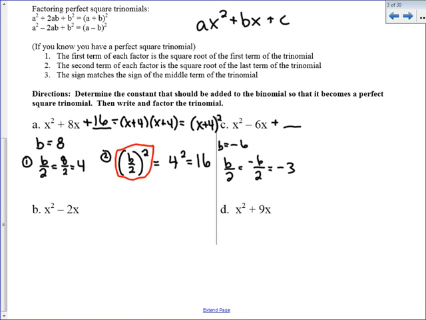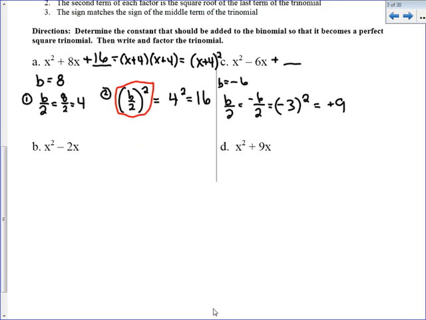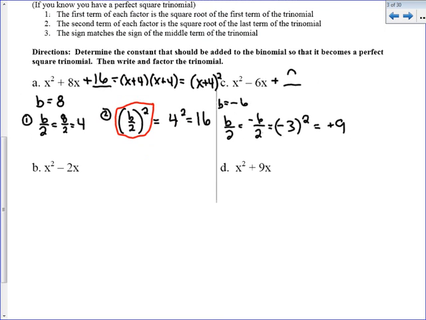And the second thing we need to do with that number is square it, which gives us a positive 9. Whatever you get after you square it should always be positive, because you're multiplying the number by itself. So the number that completes the square here is 9.